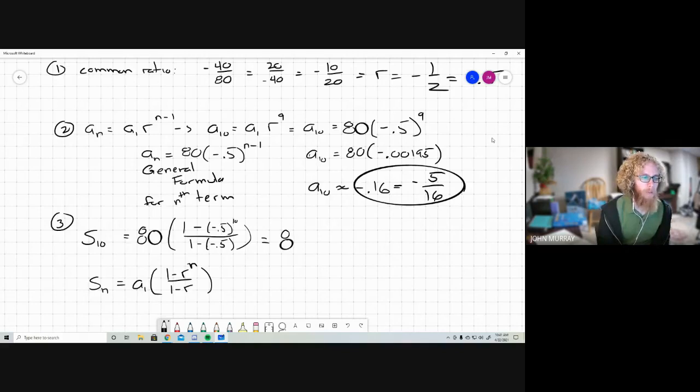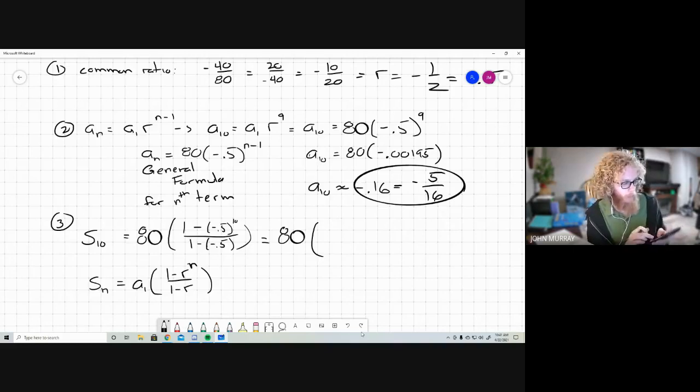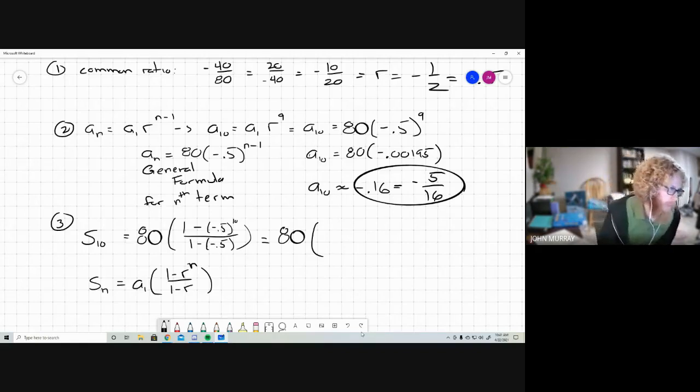Again, just be careful with your signs and your symbols. I'll have to calculate this: 1 minus negative 0.5 to the 10th. Negative 0.5 to the 10th will get us some really small decimal, so it's almost 1.